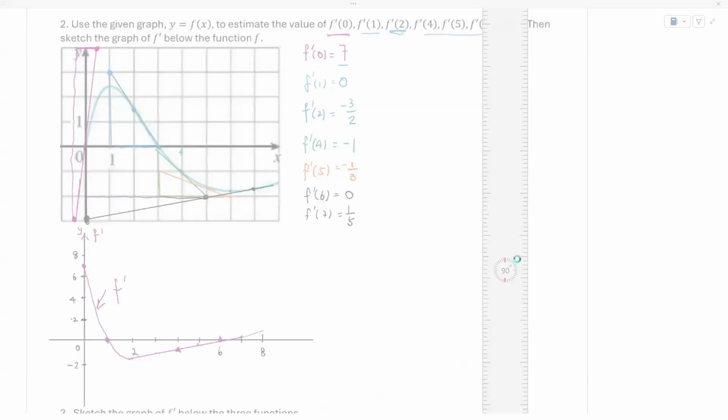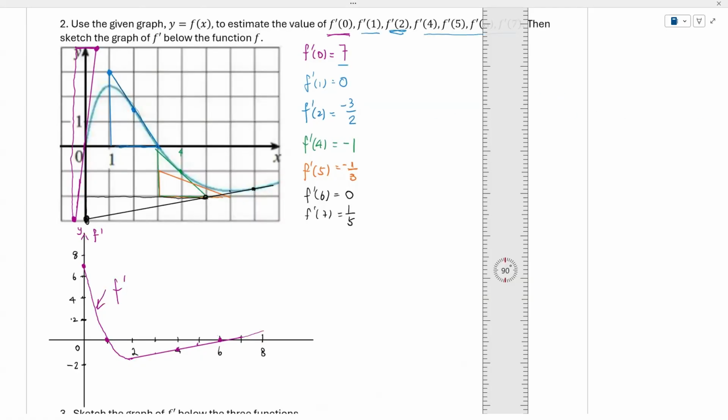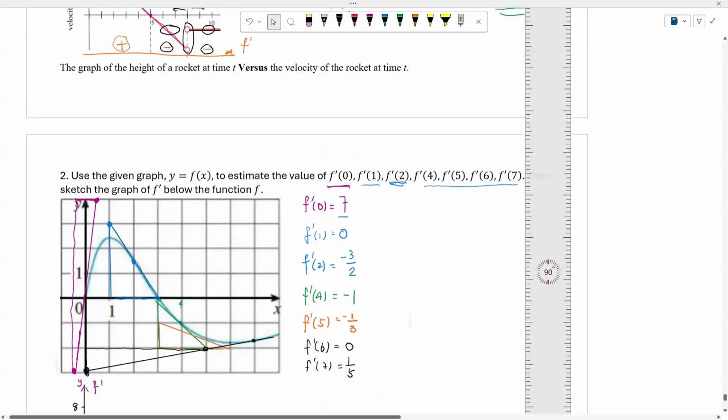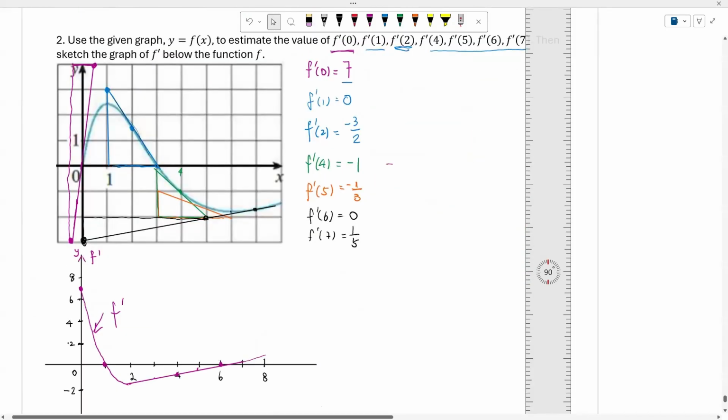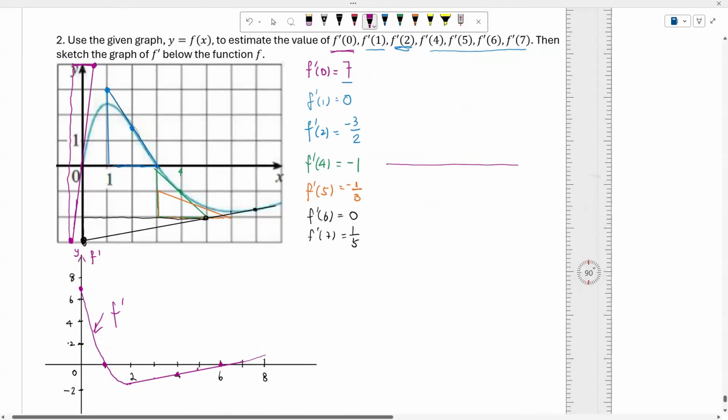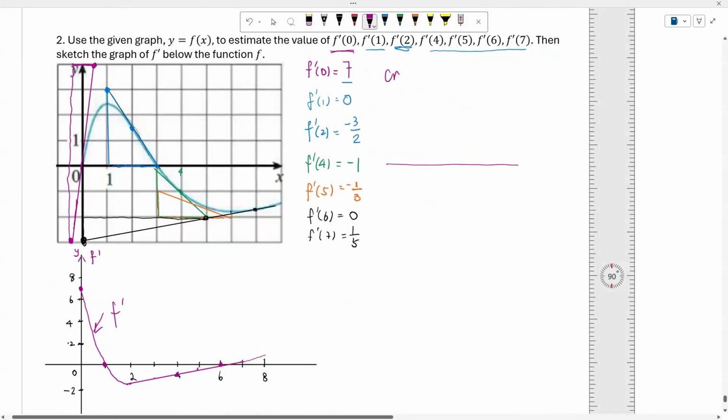Again, let's see if we could apply the technique that we just learned. From here, again, find the critical numbers, determine where the function is increasing and where it is decreasing, and then convert it to the sign chart for f prime. So first, we would like to find the critical numbers.